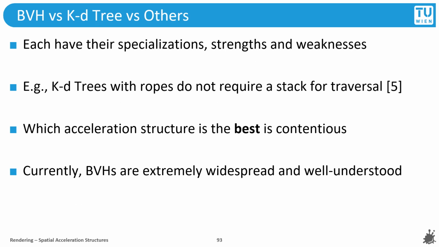And a few concluding words on BVHs versus KD trees versus other techniques. So each of the spatial acceleration structures that we have seen today have their specializations. They all have their particular applications where they work quite well. They have their strengths and weaknesses. So these property listings that we saw before, they are basically overviews.